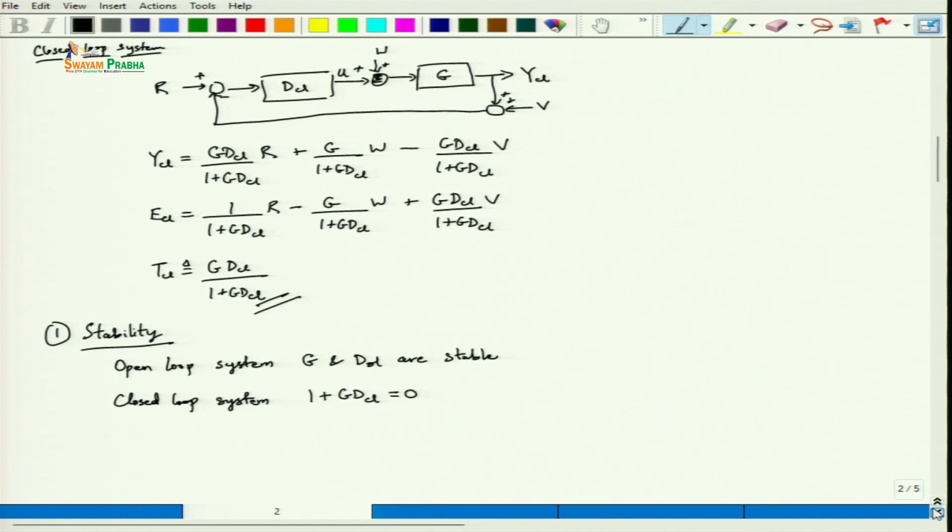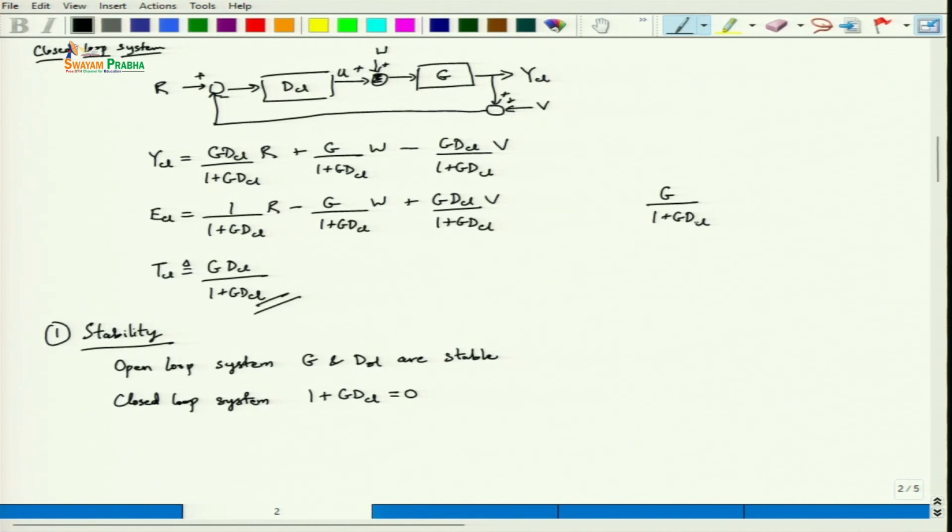Now let us look at the closed loop system. Now when we come to the closed loop system, the contribution of the disturbance to the error is G by 1 plus GDCL.